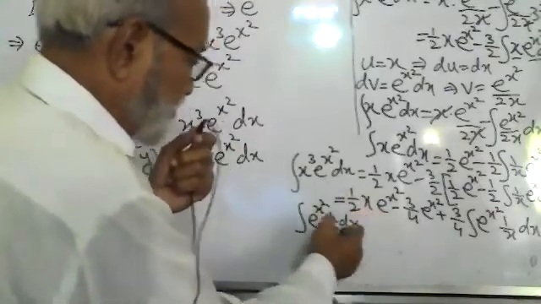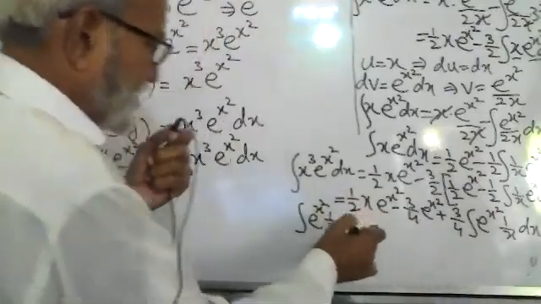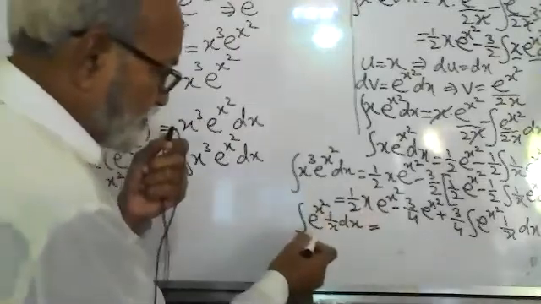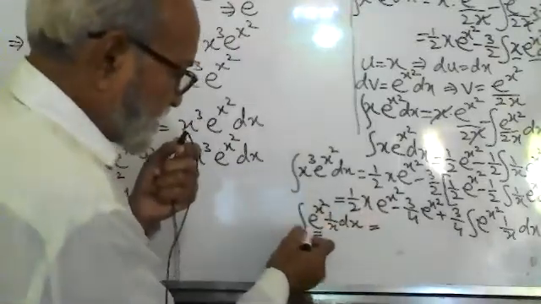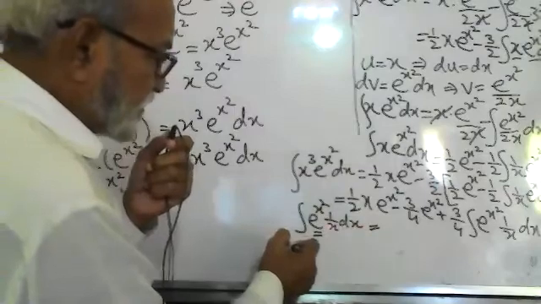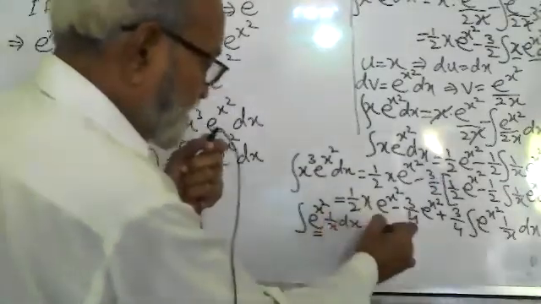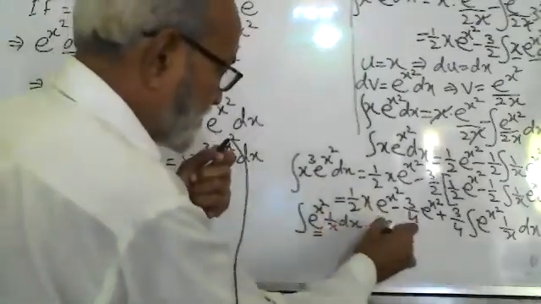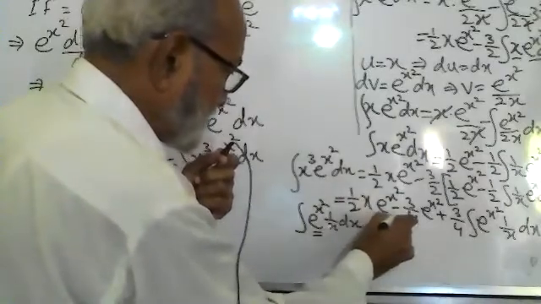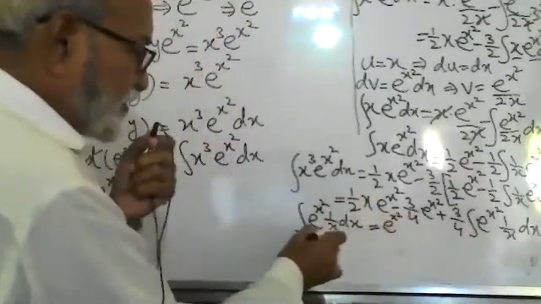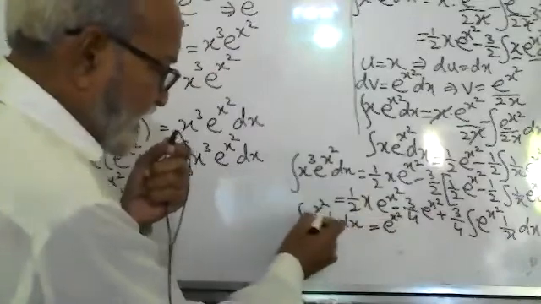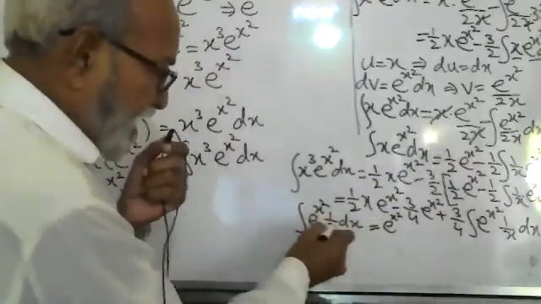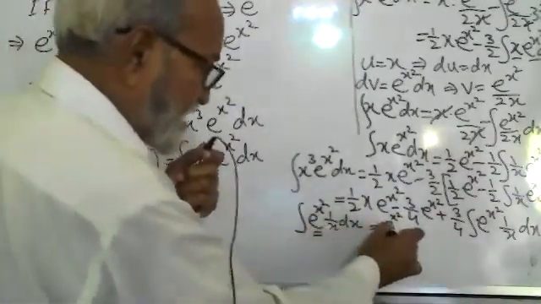It will become u into v. This is u, e raised to power x square, into v. This is dv. Integral of 1 upon x will be ln x.